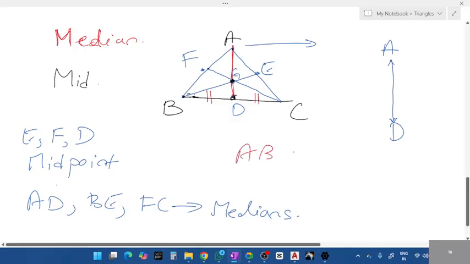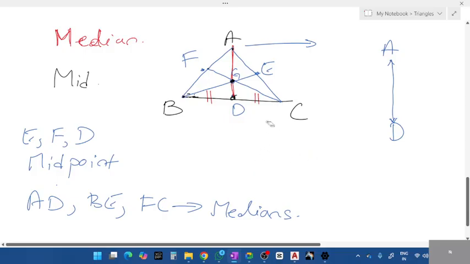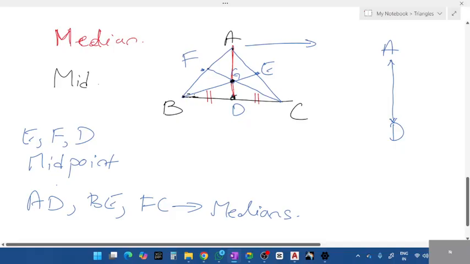What is AB, BC and AC called? They are known as sides. AD is not a side. AD is inside the triangle and it is connected from the vertex to the midpoint. We call it as median. And let me take this G. See, on the way, if you're traveling from A to D, on the way there is a point called G, right? Where all three medians meet.